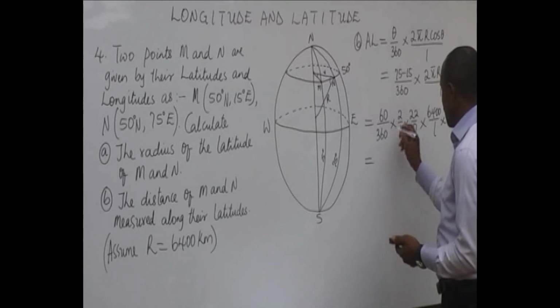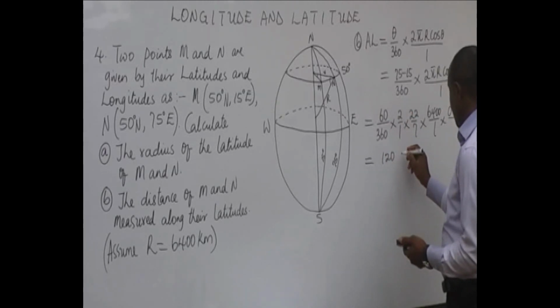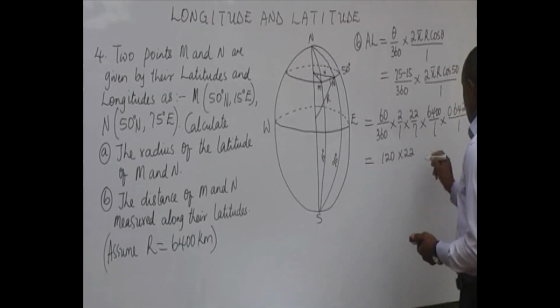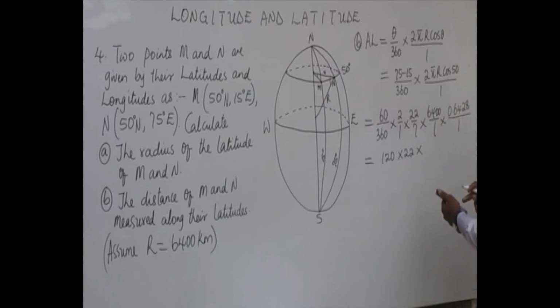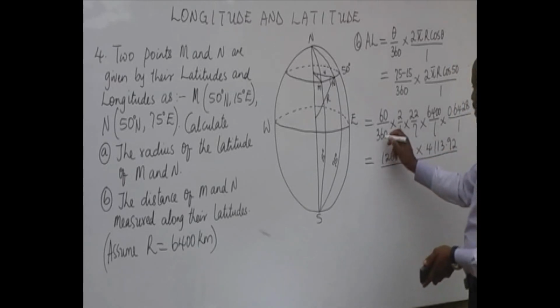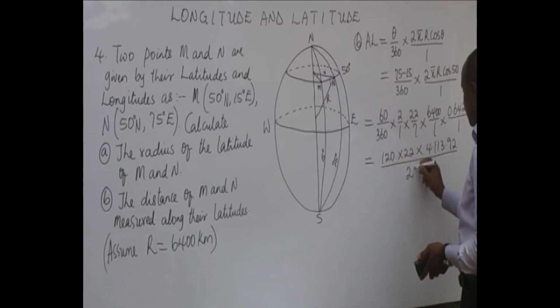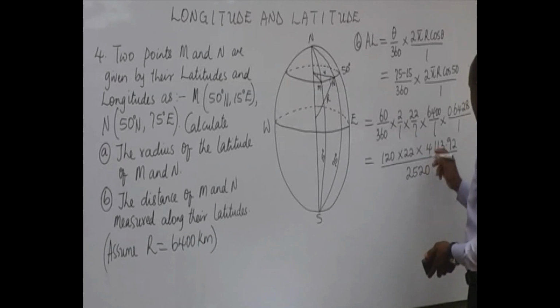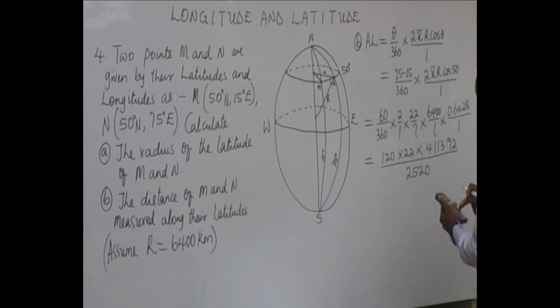We now have 2 times 60 times 22 times, let's multiply this and this, giving me 4,113.92. Then all over, remember, 360 times 7 is 2520. I told you to memorize this. You will always be meeting it, so that you won't be wasting your time pressing the calculator.